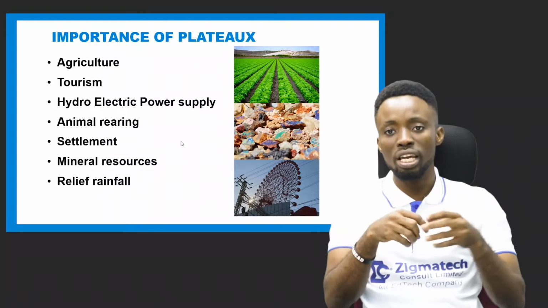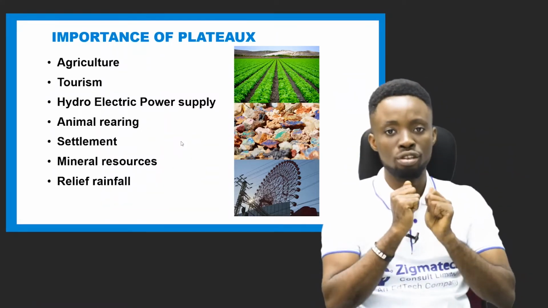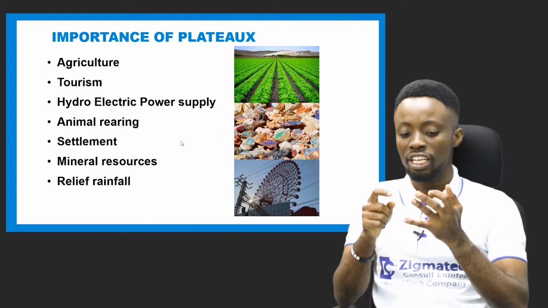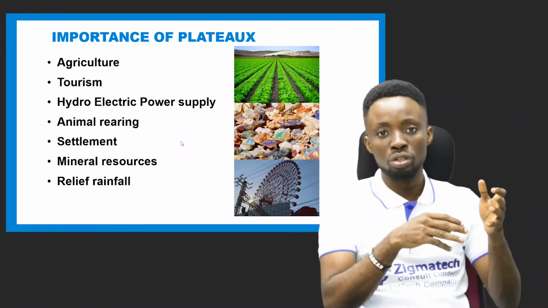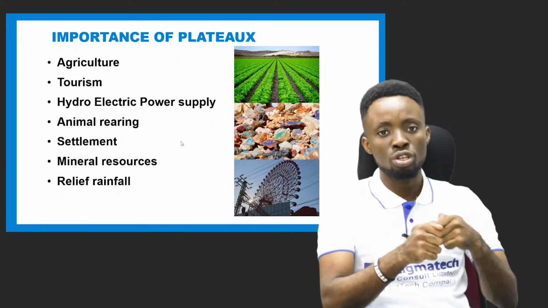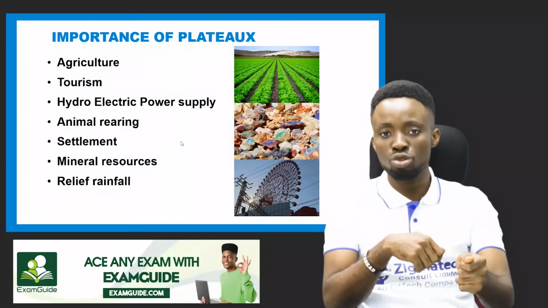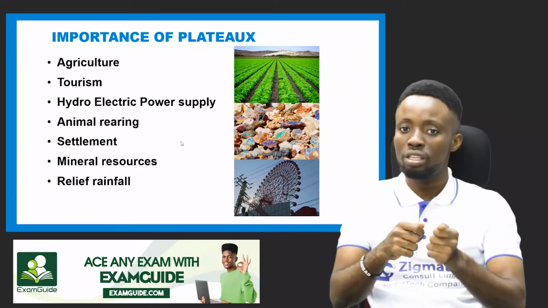Now, this Futa Jallon Highland is the chief source of hydroelectric power supply for the Kainji Dam in New Bussa. So you see that a plateau can actually generate water from its peak to supply electricity for the neighborhood.